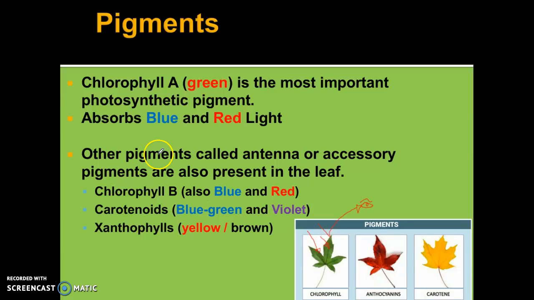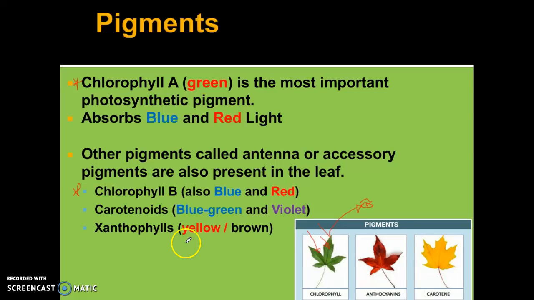There are some other types of pigments as well that are not so important to remember, but perhaps chlorophyll B, another one that you can remember, which also is going to absorb blue and red light. And there are other pigments which are not so important. I would just make sure that we remember chlorophyll A and B. The carotenes or carotenoids are basically going to make the leaves appear yellow, like during autumn.